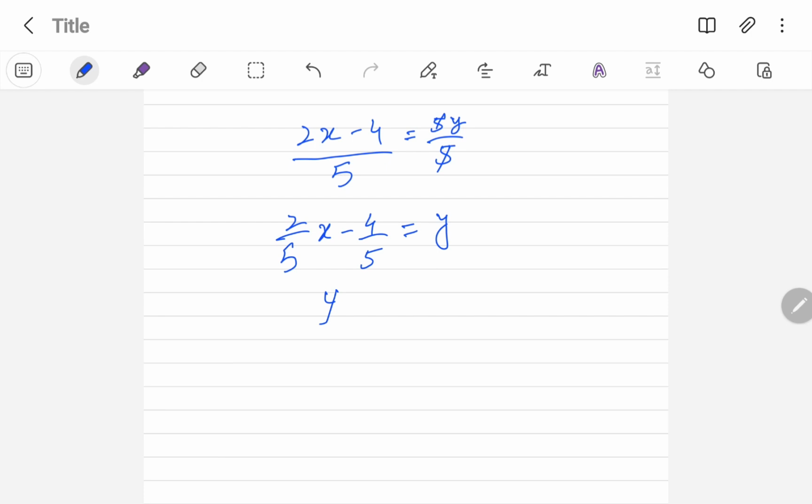This is the equation of line 2 over 5x minus 4 over 5. This is the equation of this line.